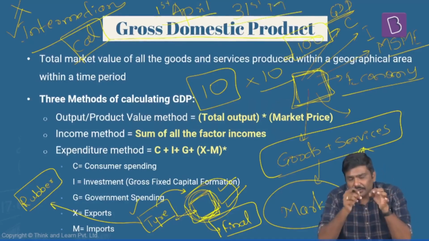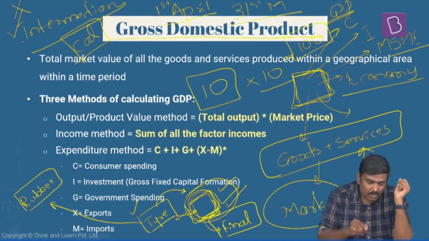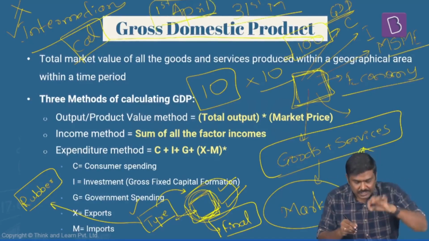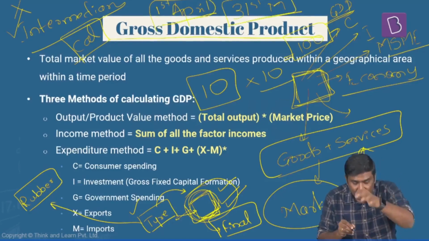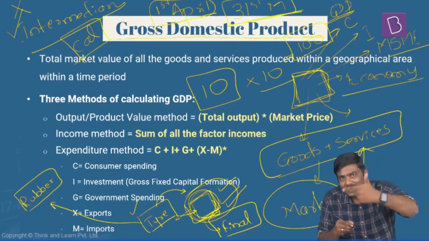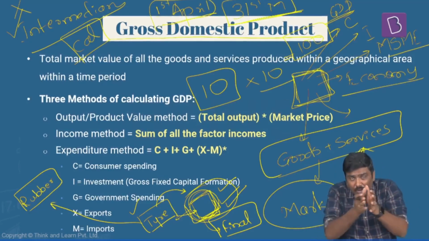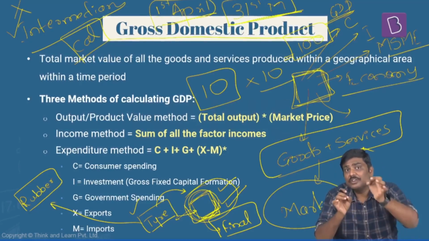So I'll repeat it again. The financial year in India, which is used for accounting purposes, will start from 1st April of this year and end on 31st March of next year. That 1 year or 12-month time period is considered to be a financial year.